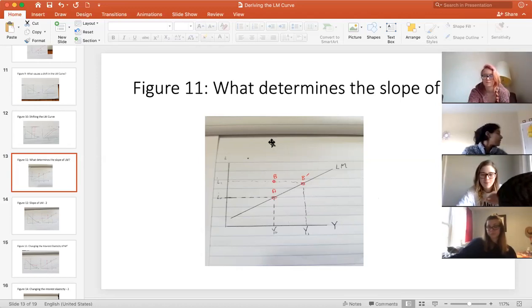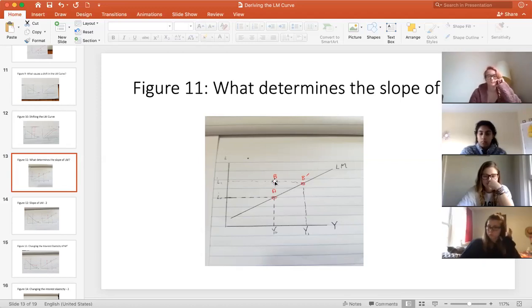So, why does it matter? Here's why. The question we asked was, what determines the slope of the LM curve? The answer has to do with how much does the interest rate rise versus how much does GDP rise?